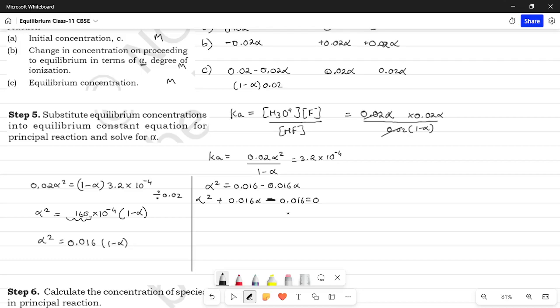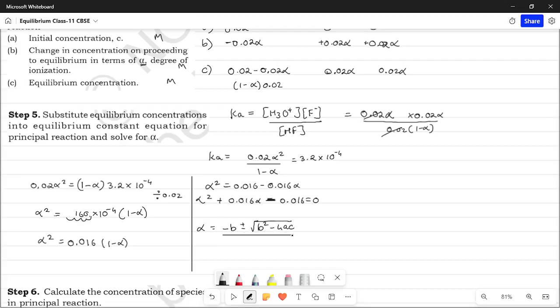Now again, over here, it's up to you. If you want, you can fast forward a bit, but basically we'll be solving this step by step. So first of all, you have the equation alpha will be equal to minus b plus minus root over b square minus 4ac, whole divided by 2a.